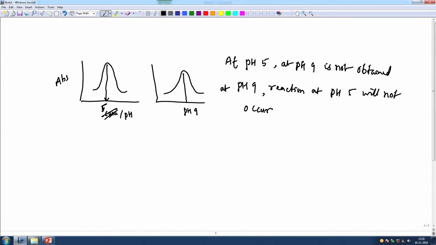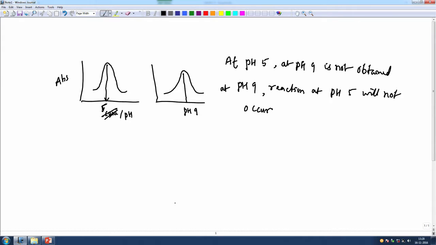So, what I do essentially is conduct a reaction at pH 5 or pH 9, because an element X reacts at pH 5 and element Y reacts at pH 9.